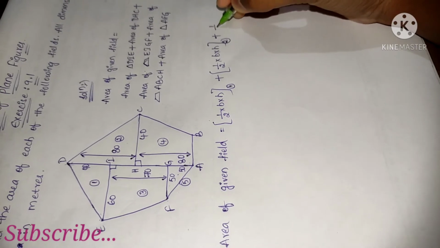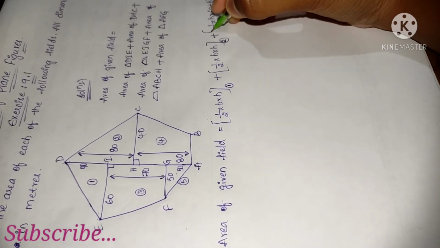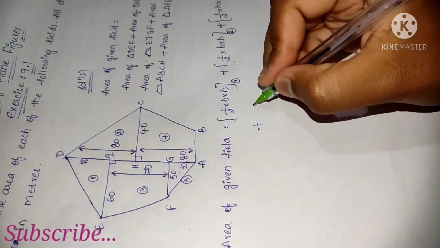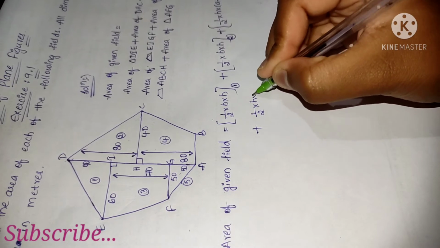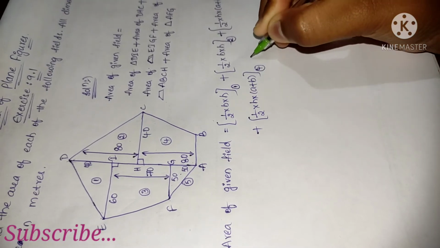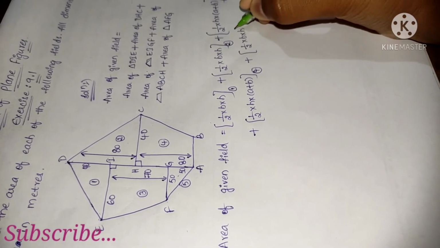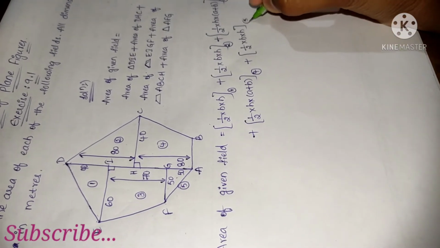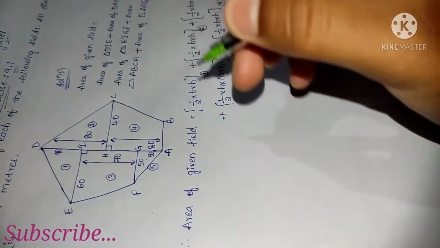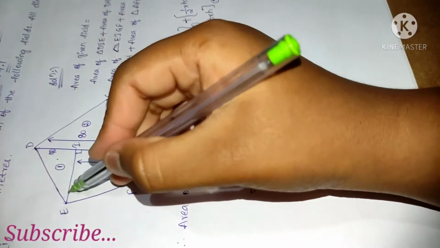Plus area of trapezium 3, that is half into H into A plus B. The formula for area of trapezium is half into H into A plus B. Plus again area of trapezium, half into H into A plus B. Here A and B are the parallel opposite sides. Plus area of triangle AFG is half BH of 5. Here the 1, 2, 3, 4, 5 are related to the first shape, second shape, third, fourth and fifth shapes.